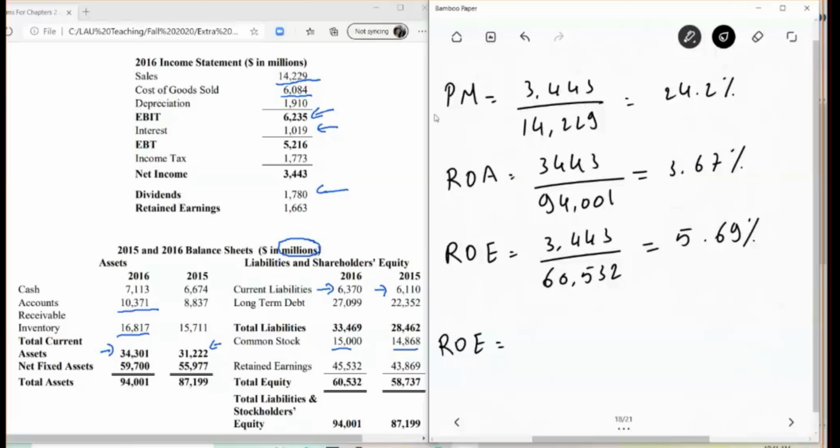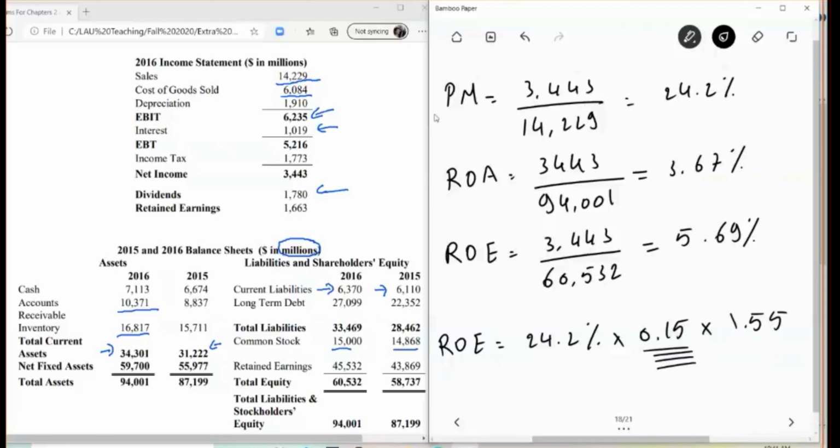return on equity equals the profit margin, 24.2%, times the total assets turnover, 0.15, times the equity multiplier, 1.55. So here, if I want to see the reason behind that low return on equity, the main issue is with the total assets turnover.